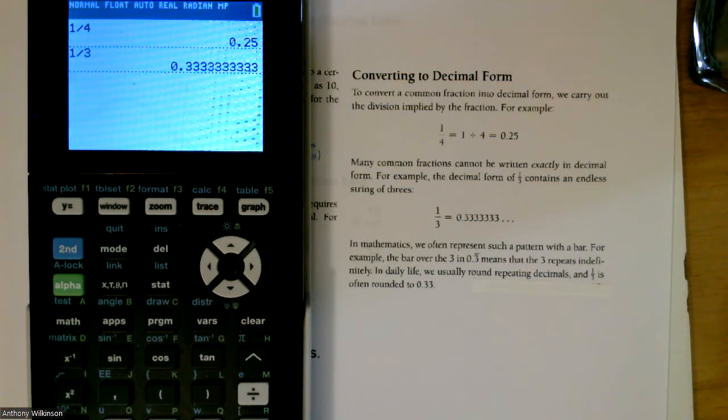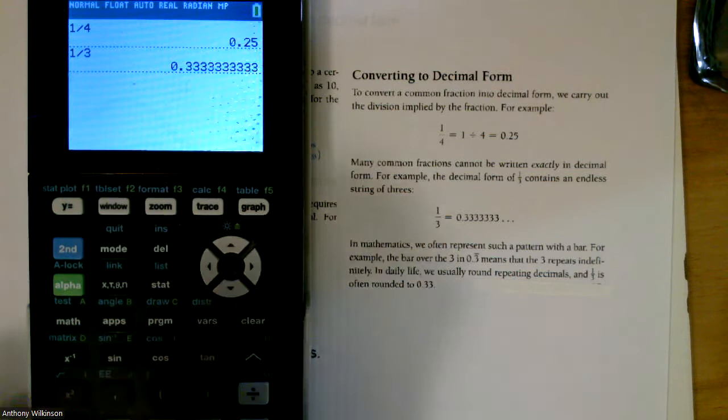For example, the bar over the 3 in 0.3 means that the 3 repeats indefinitely. And in real life, we usually round repeated decimals. So 1/3 can often be rounded as 0.33 if you were to round it to 2 decimal places in this situation.